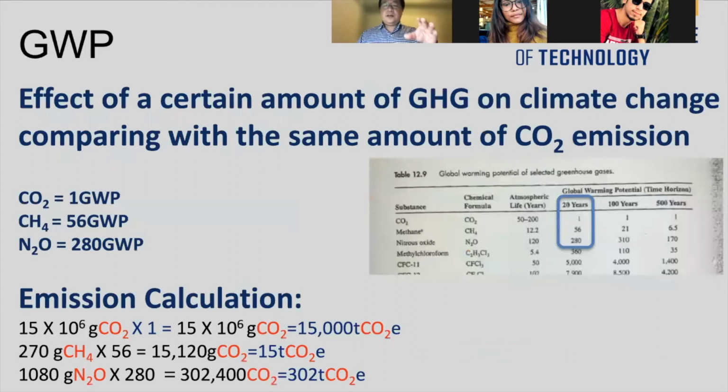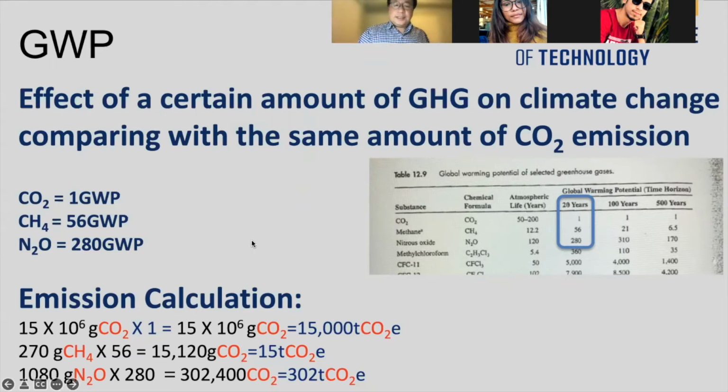With GWP, they take carbon dioxide as one unit, and different compounds will have a different ratio number.